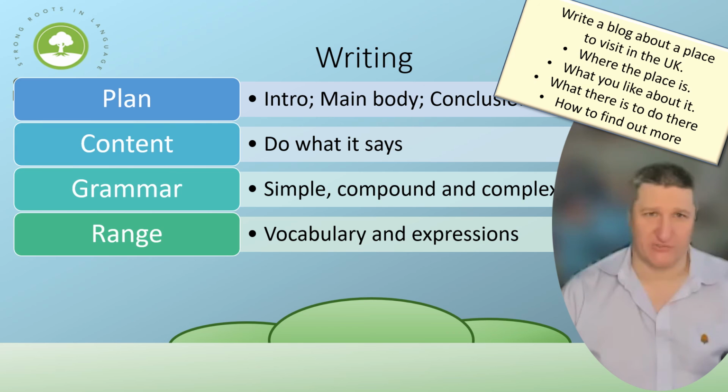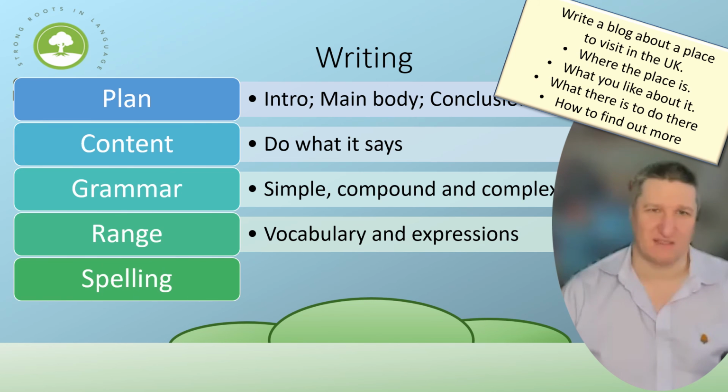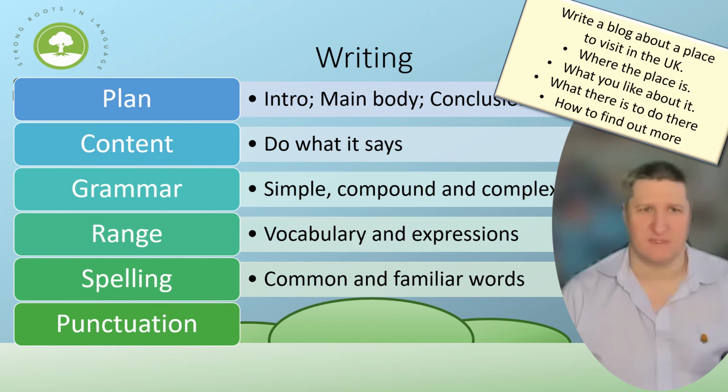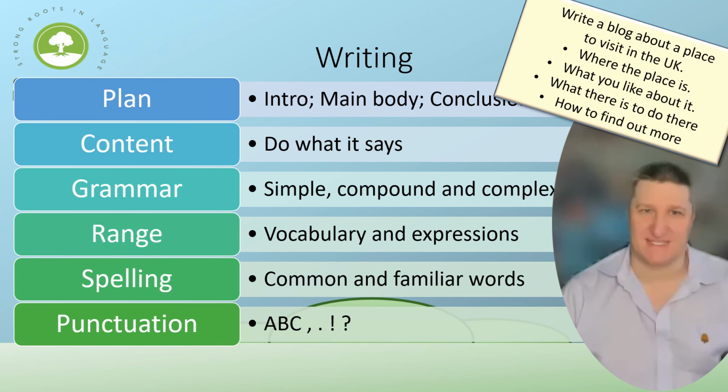You're marked, of course, as previously mentioned, on spelling, but only for common and familiar words. These should be spelt correctly. You're marked also on punctuation, including capitalization, commas and end sentence marks. See what I've done there? ABC for capitals, commas, full stops, exclamation marks, question marks.